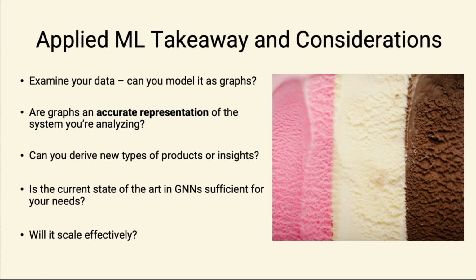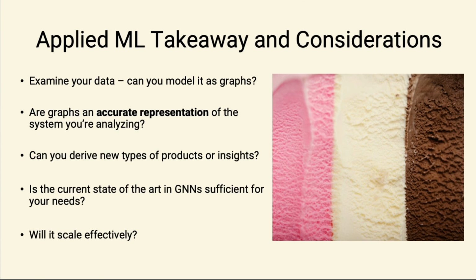And once this intuition is understood from the data, it is also important to see where the current state of the art of graph neural networks is, and whether it's suitable for the needs of solving that particular problem you have at hand. If you can leverage something that already exists, maybe a repository on GitHub or something of that sort, then that's great.